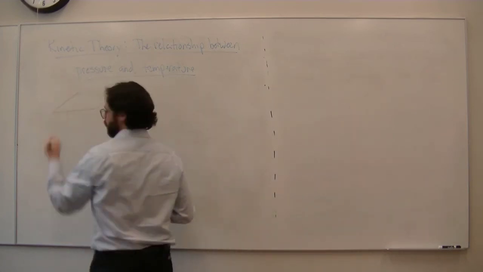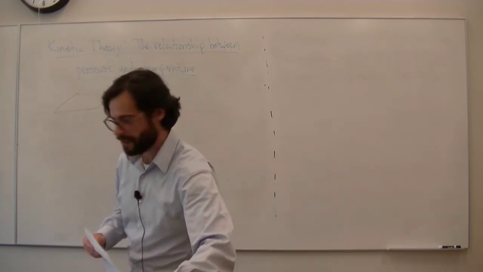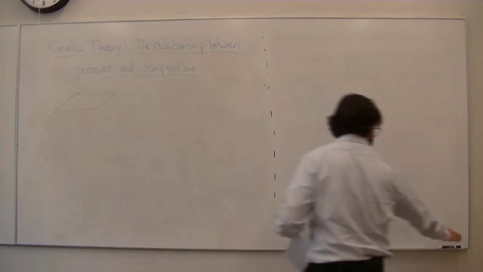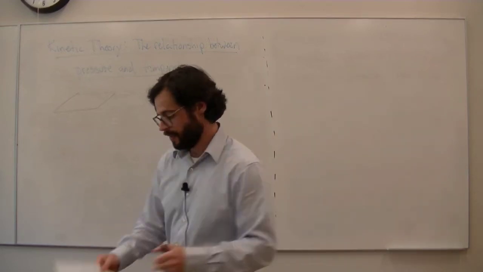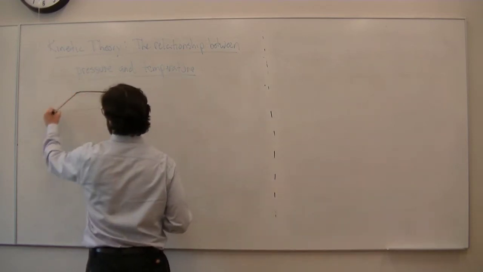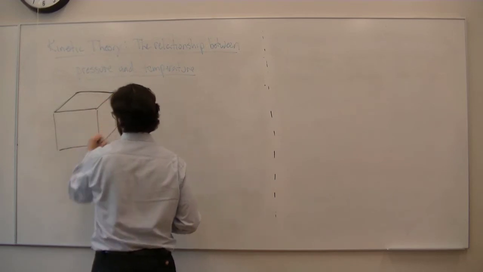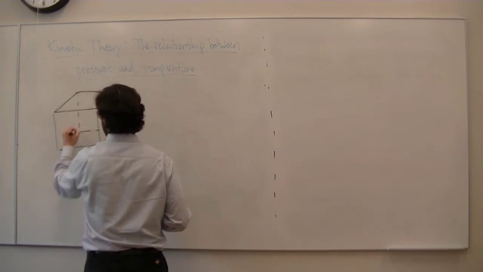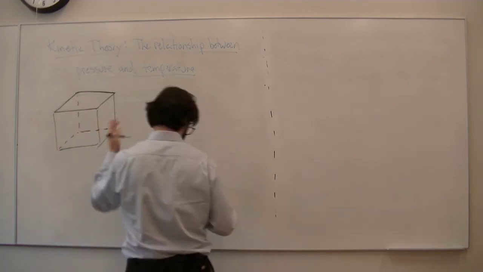The goal of theoretical physics in some sense is to do as much as possible while putting in as little effort as possible. So let's use a cubic box, just L on every side. And let's make the particles inside of the box the easiest particles that I can possibly imagine.